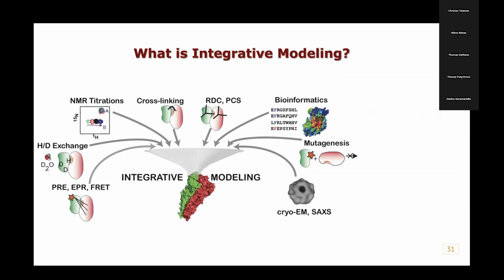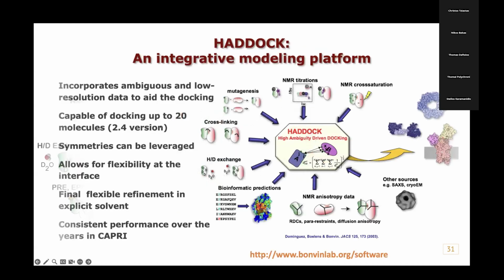For example, you can incorporate data from cryo-electron microscopy, from bioinformatics studies. NMR often gives you a lot of useful information on proximity of atoms and shapes and so on. So a lot of this information can be integrated during the modeling process, and HADDOCK allows you to do that in a very efficient way.